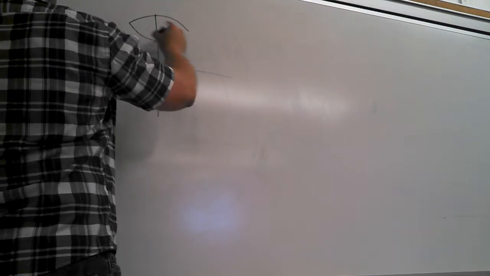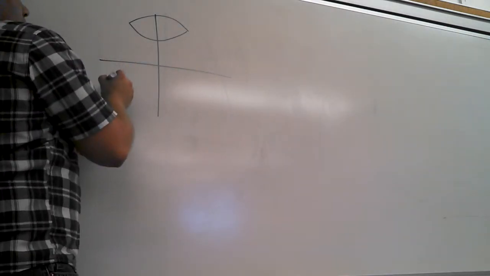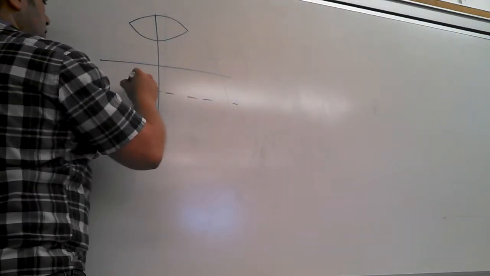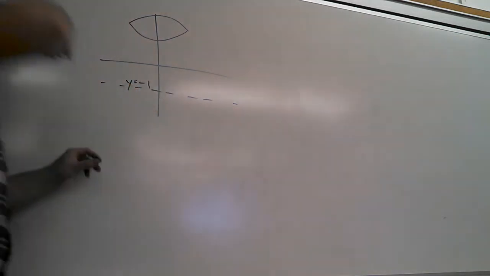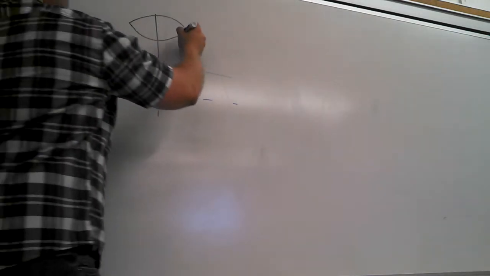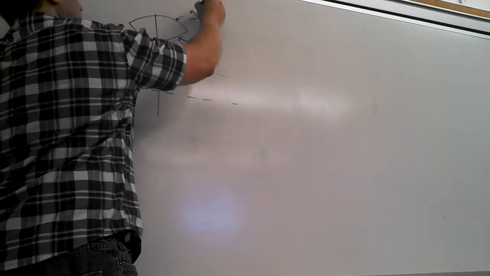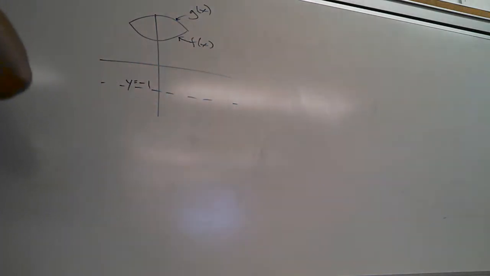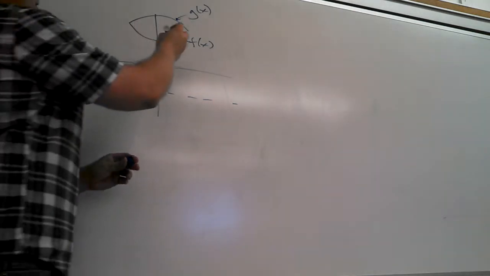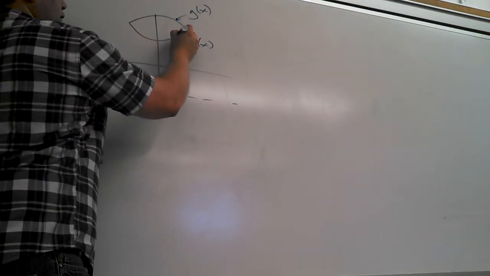If I've got a shape, everybody's shape should look something like that. And I'm going around, let's say, y equals -1. And let's say this is f of x and this is g of x. So right here, this is f of x, here's x.